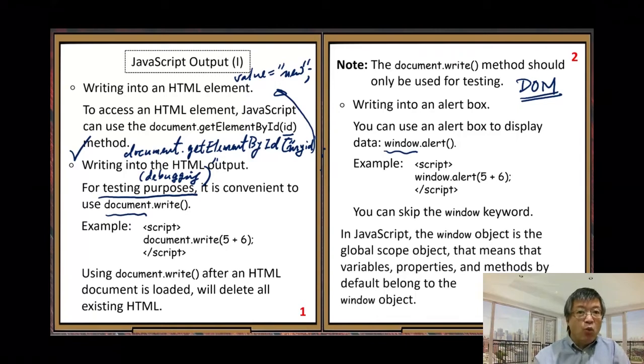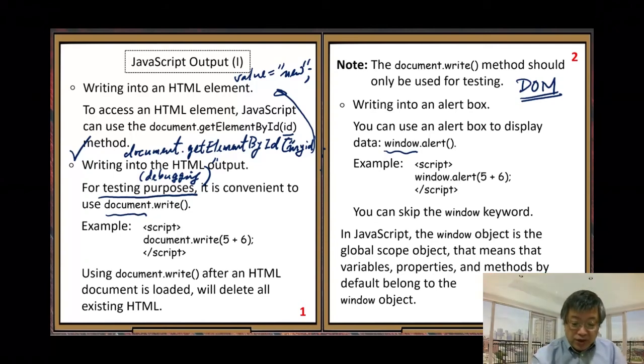Next. In JavaScript, the window object is the global scope object. Global. I just mentioned that in the DOM model, the document object model, it is the highest, the root, right? So that's why it is a global scope object. It covers everything. That means the variables, properties, and methods by default belong to the window object.